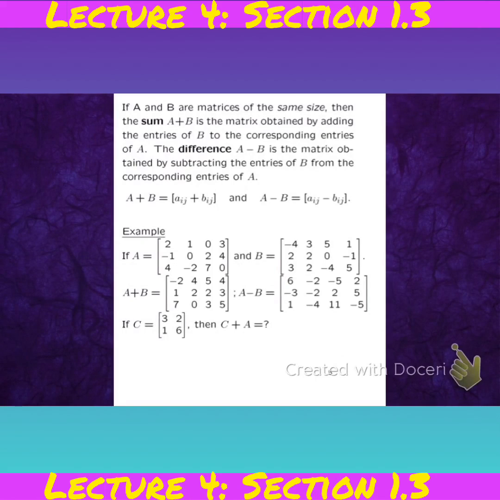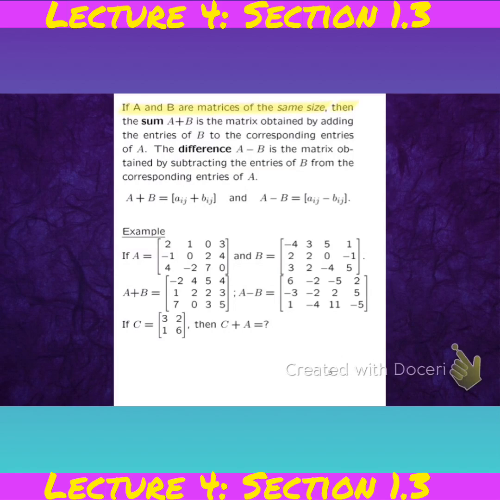Okay, next up we've got addition and subtraction. So the question is, how do we subtract matrices and how do we add matrices? So if A and B are matrices of the same size, so being of the same size is very important. You cannot add or subtract matrices of different sizes. So having the same size means they've got the same number of rows and the same number of columns.